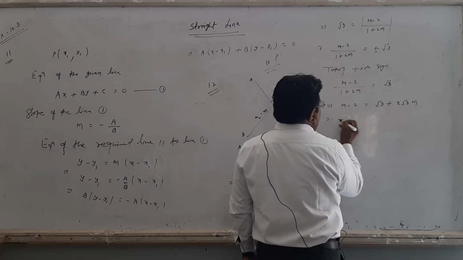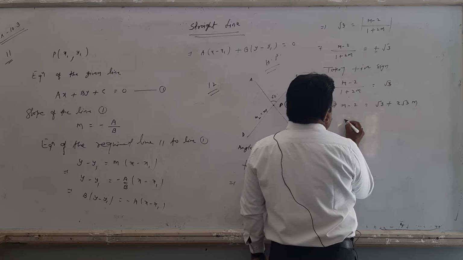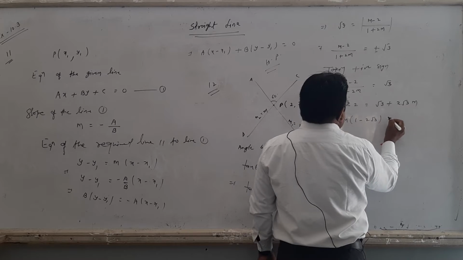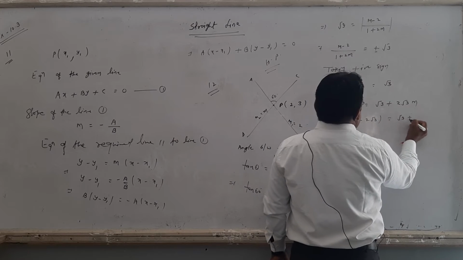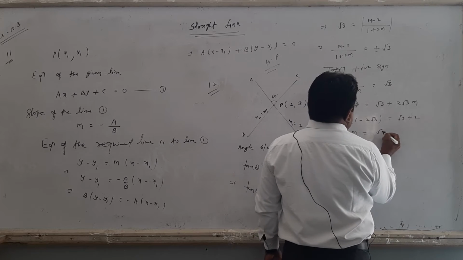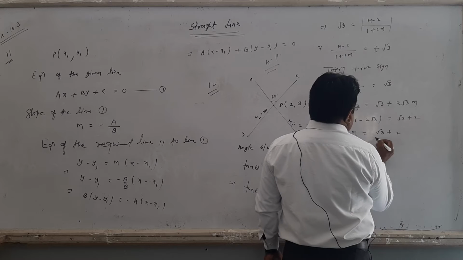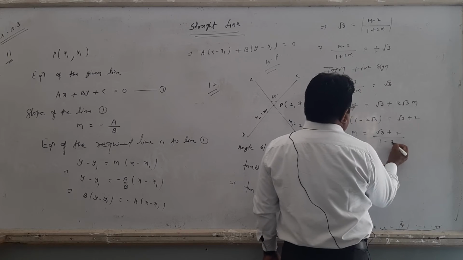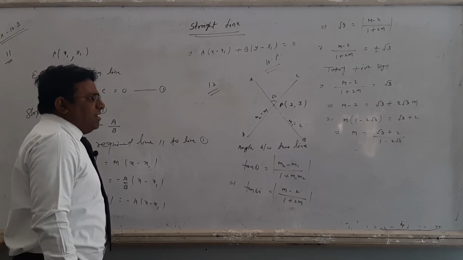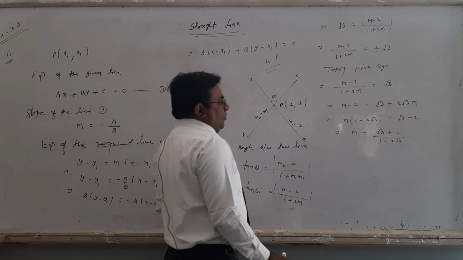Then now find m, this term that side transfer, so m is common, 1 minus 2 root 3 equals root 3 plus 2. So what is the slope of second line? Then m equals (root 3 plus 2) upon (1 minus 2 root 3). Same, now taking negative sign, then that is the other value of m, right.